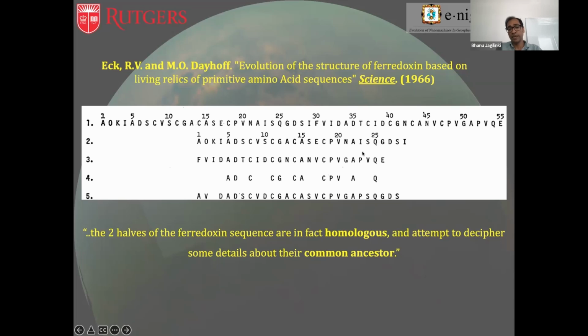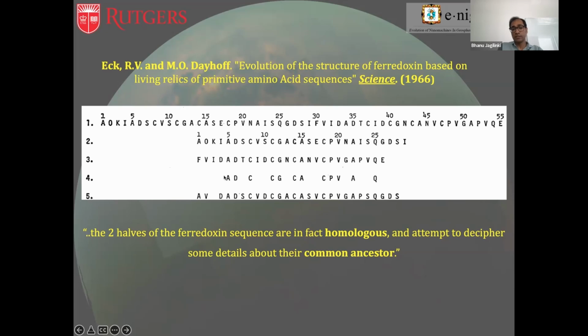And when she overlaid the first half over the second half, she realized that not only are the 4 cysteines perfectly matching, perfectly conserved, but apart from that, there are a few other amino acids, like in this case alanine, proline, valine, that are also conserved along with these cysteines. That's what she wrote in line 4.